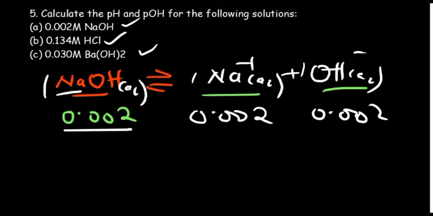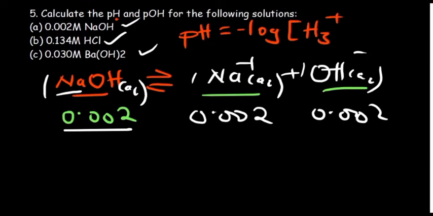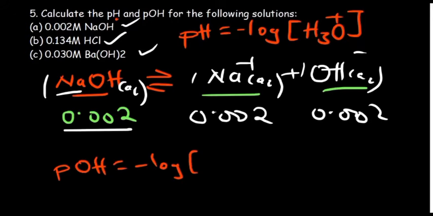The question is asking us to find the pH and the pOH. From the start of this video we said that the pH depends on the negative log of the concentration of the hydronium ion, the positive ion. For the pOH, it depends on the negative log of the hydroxide concentration.